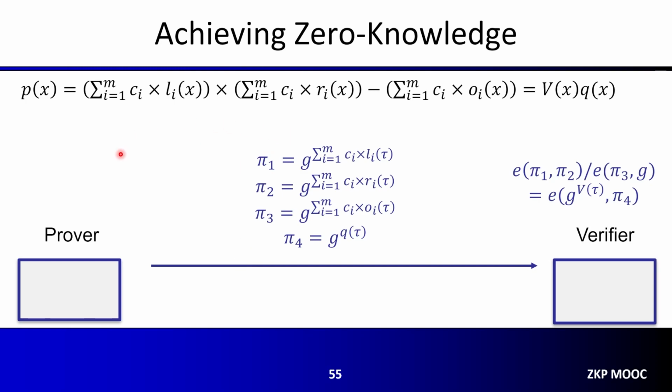So again, I'm listing the original protocol of the Pinocchio construction for simplicity. And I'm only showing you the pi1 all the way to pi4 here. Okay. So again, this version is not zero knowledge, for a similar reason as I explained earlier in lecture 6. Right? It is deterministic. Although it's not revealing all the values of the circuit because it's only a single group element, you can infer some information from these proofs.